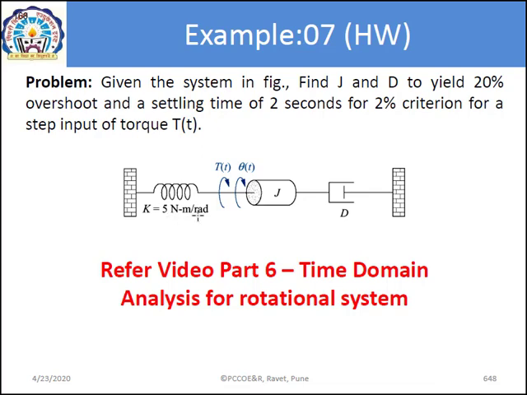So the unit is Newton meter per radian, hence it is a torsional spring. Similarly, we have a torsional damper, represented by D. So all this system is nothing but a torsional or rotational system.